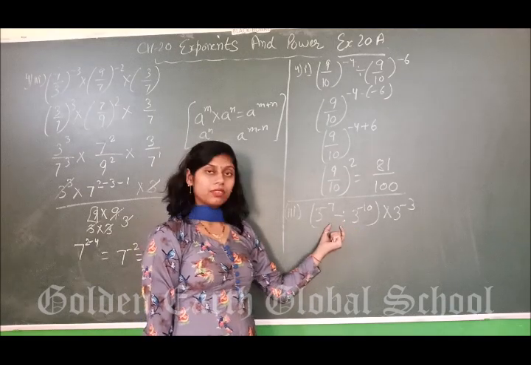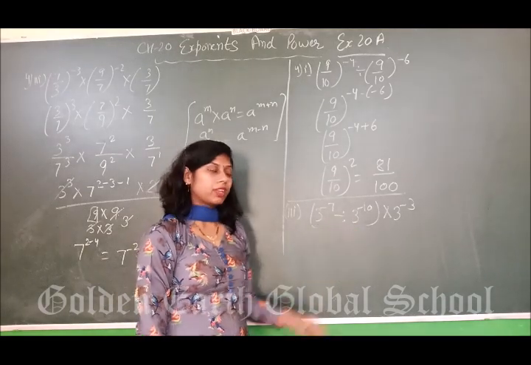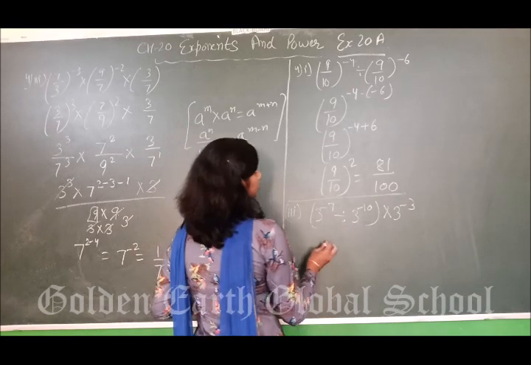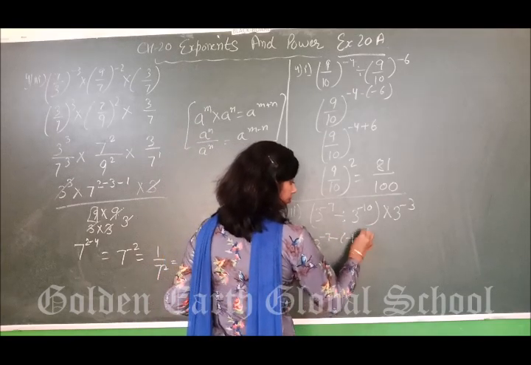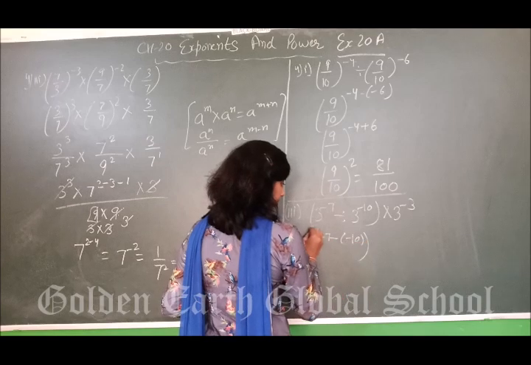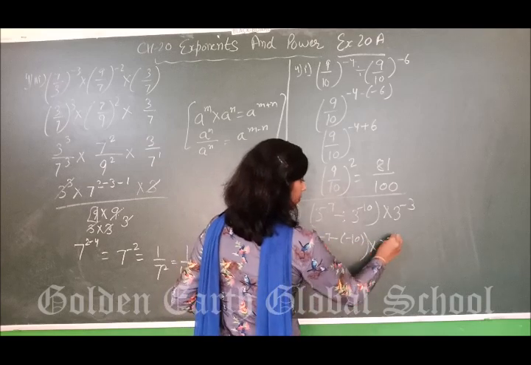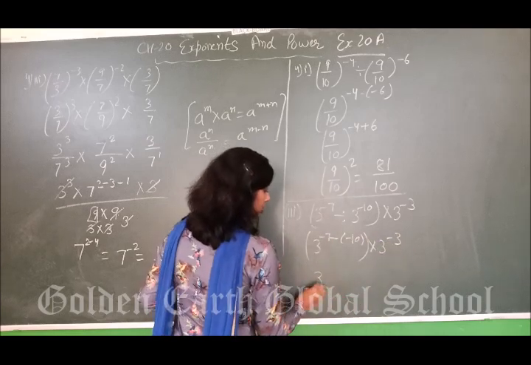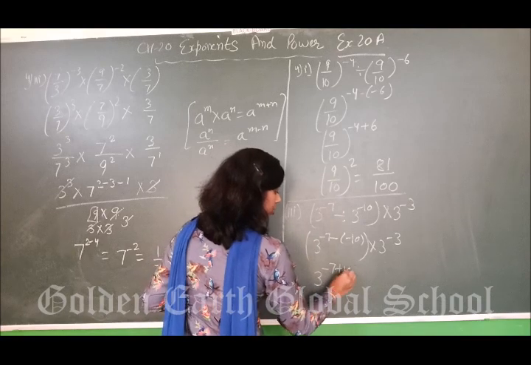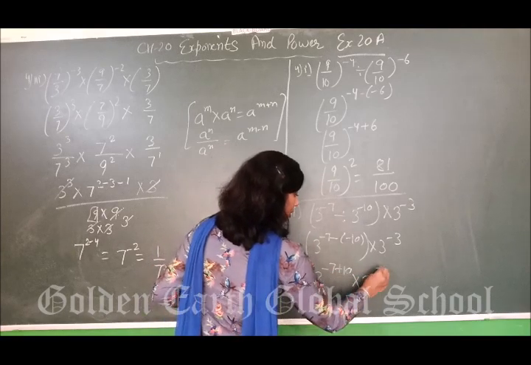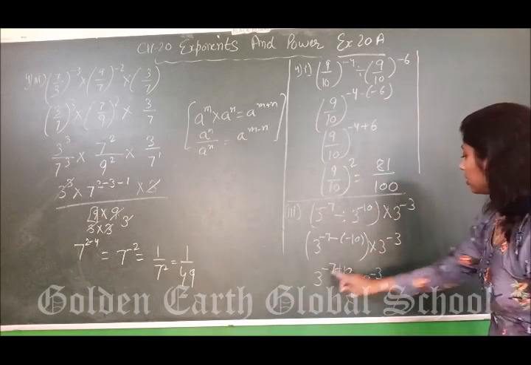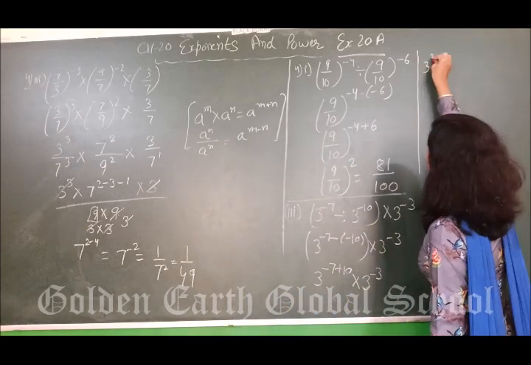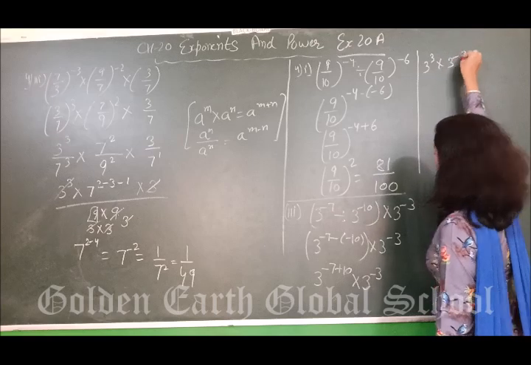Here terms are in division, base is same, power will get subtracted. 3 raised to power minus 7 minus minus 10 into 3 raised to power minus. On simplification, 3 raised to power 3 into 3 raised to power minus.